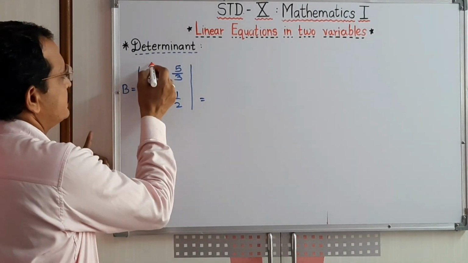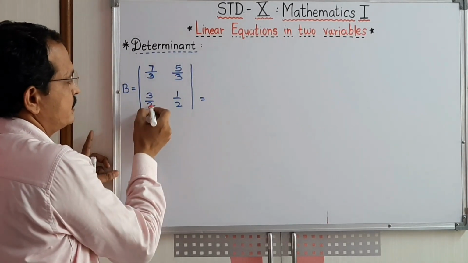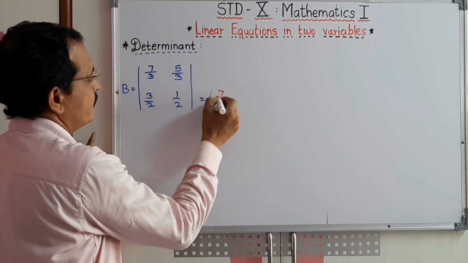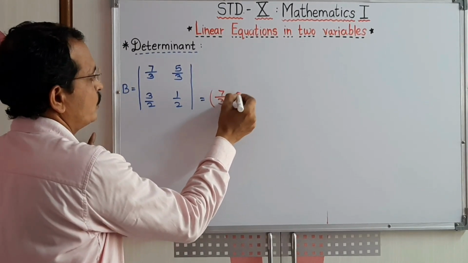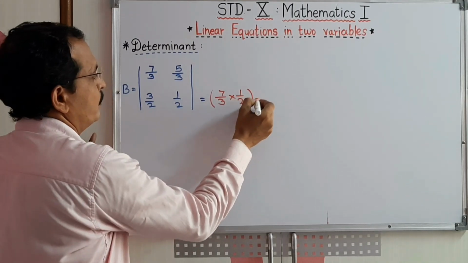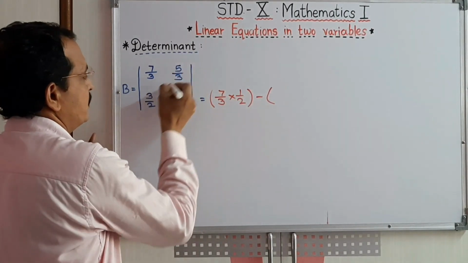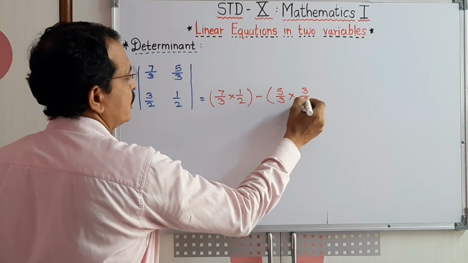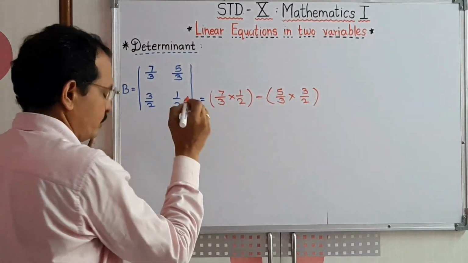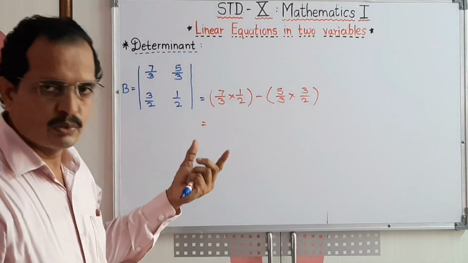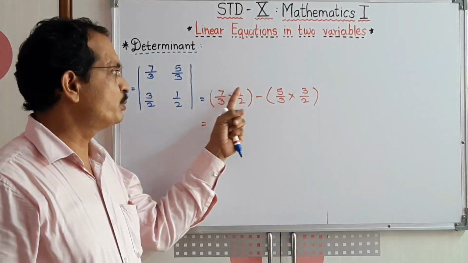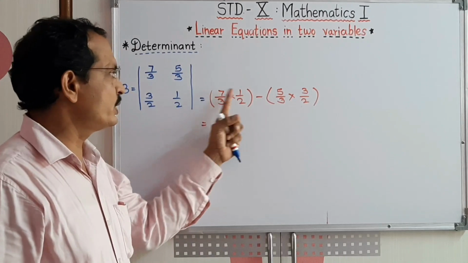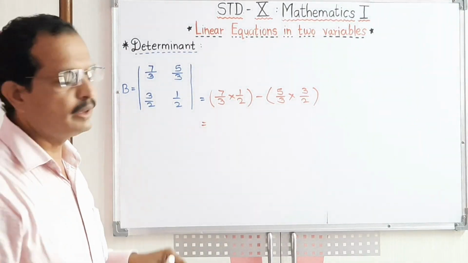First see, this is A, this is B, C, and this is D. Now multiplication: 7 upon 3 into 1 upon 2 minus this cross multiplication, 5 upon 3 into 3 upon 2. For this multiplication we have to multiply numerator with numerator and denominator with denominator.